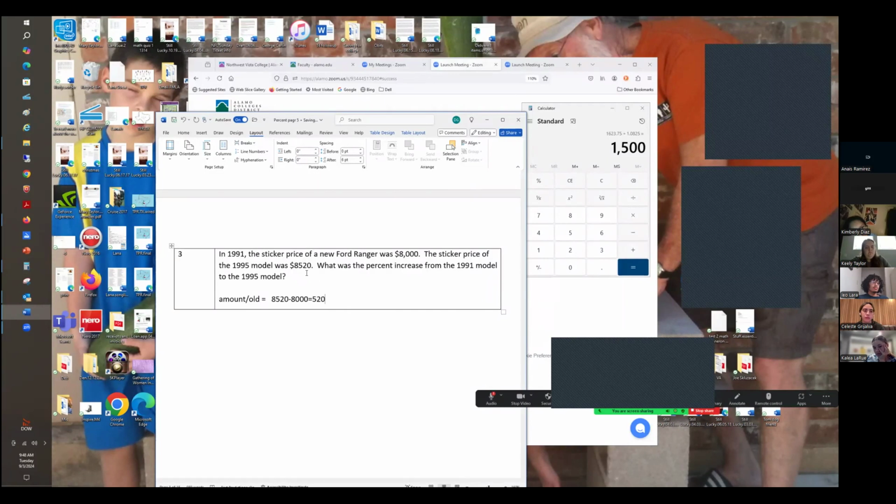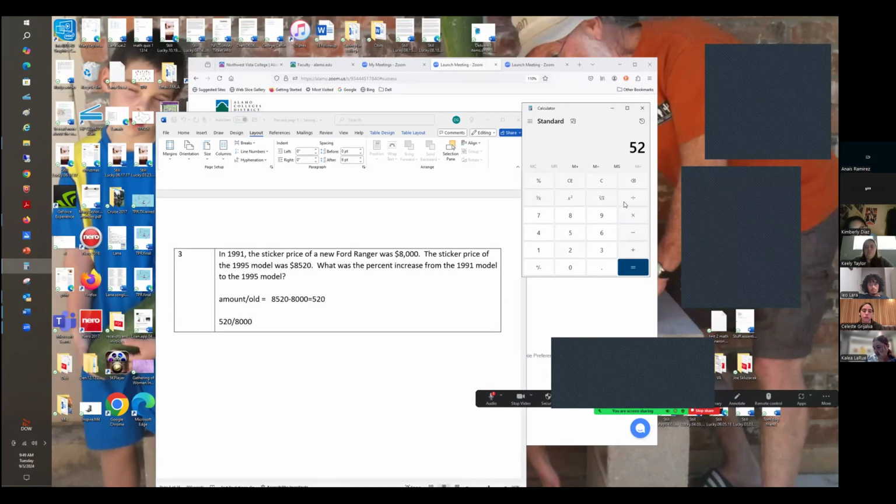I have to do 520 divided by the old. It's always based on the old price. So let's see how that plays out. 520 divided by the old price of 8,000. It says 0.065. Now, it says, what was the percent increase? The answer is not 0.065. You have to move the decimal point 2 places to the right to change that to a percent, or equivalently multiply by 100, and you'll see it's 6.5%. Boom.